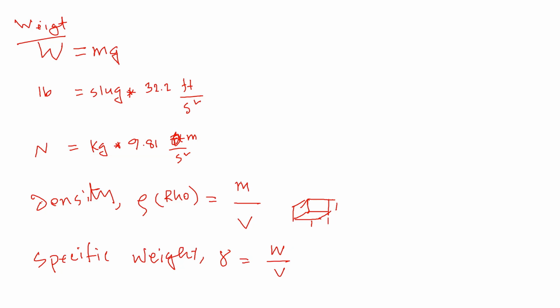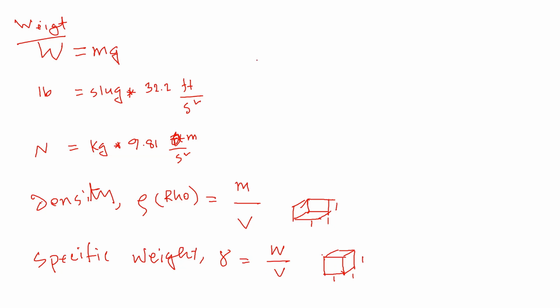You multiply this by g, and then you get that weight per volume. Same thing, like 1 cubic foot of liquid or any gas, any fluid, how much does that weigh? So 1 foot, 1 foot, 1 foot, and then how much does that weigh.